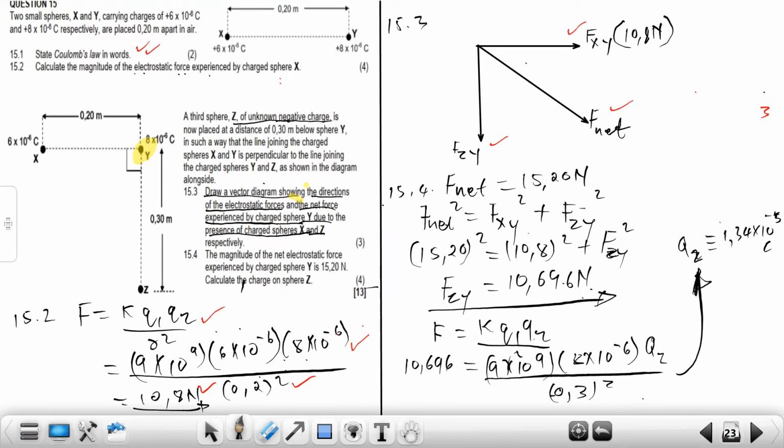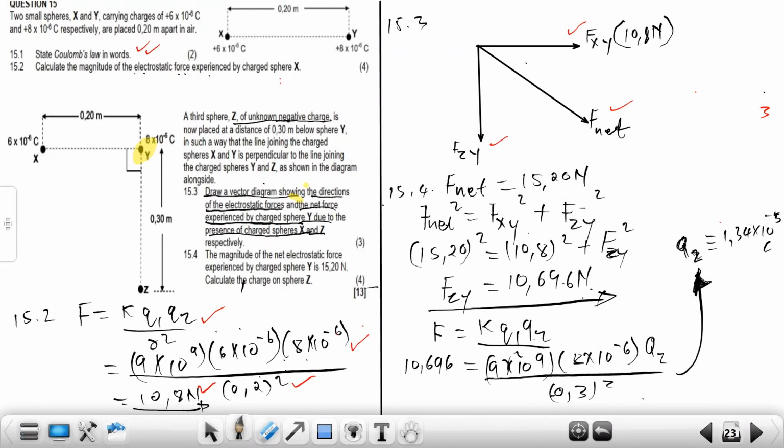I see we have something in the chat. Your answer for 15.4 is 7.7 multiplied by 10 to the negative 6. That is incorrect because maybe you missed a step somewhere. Kindly go back and check.